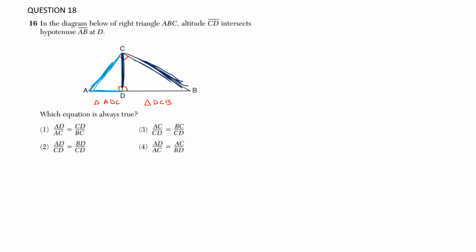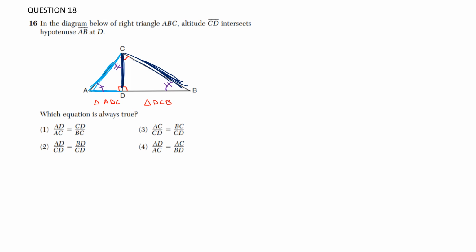So looking at this larger triangle ABC, we know that because angle C is 90 degrees, angles A and B are complements of one another, right? That being said, this angle, ACD, has to be equal to angle B, right?